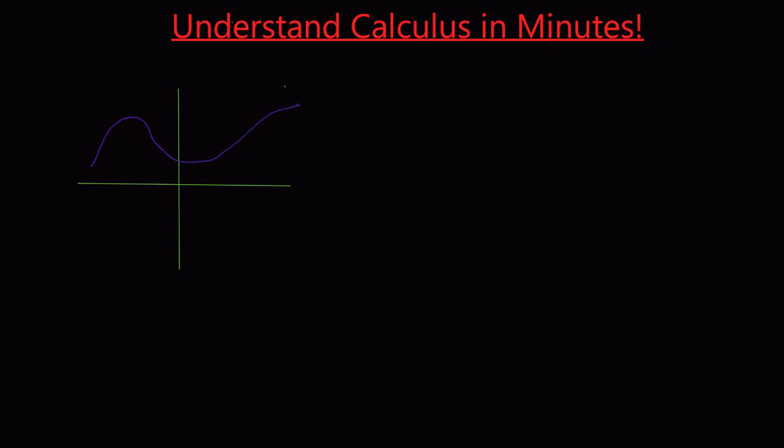And if I want to find the gradient of this somewhere, then I would choose, say, this point here and this point here, and I would say, what's the gradient through there?